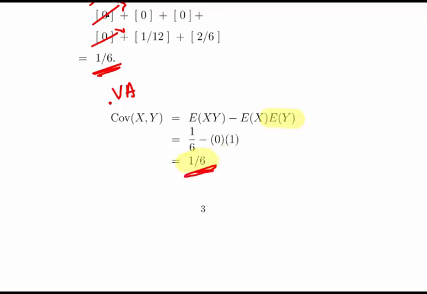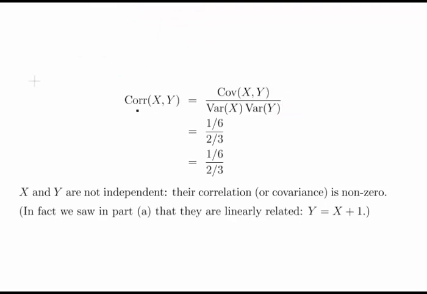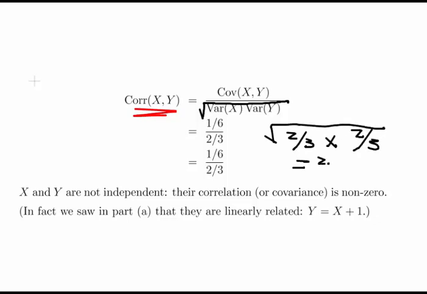The next part is the correlation of x and y, which is the covariance divided by the variance of x times the variance of y. Sorry, I'm missing a square root there. So it's the square root of 2/3 times 2/3, which is just equal to 2/3. Okay, so I'm back on track here.